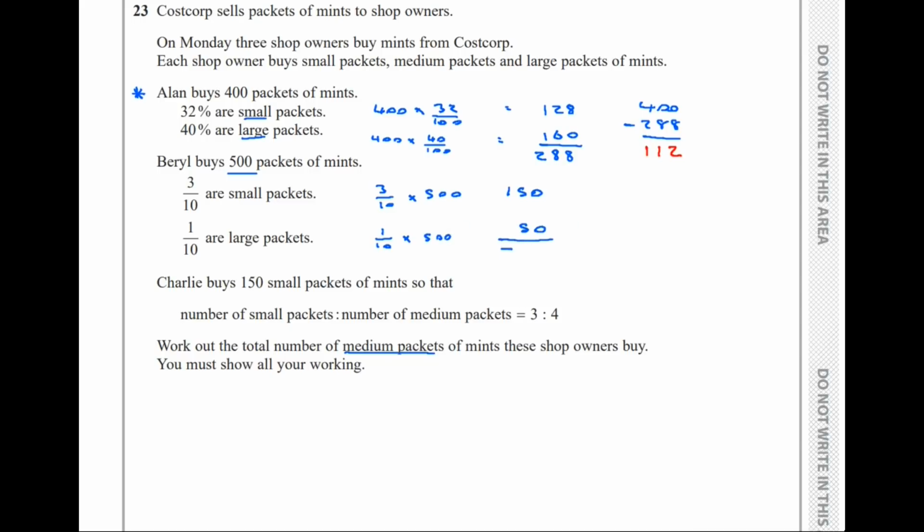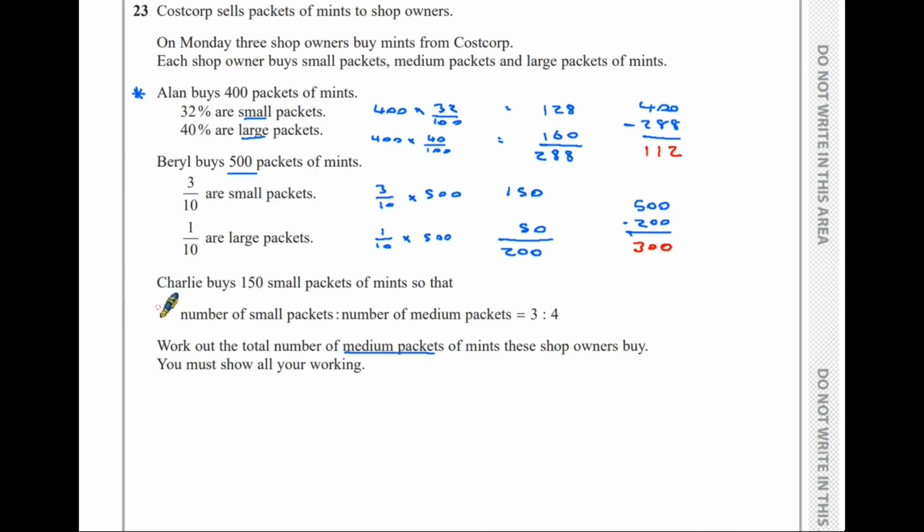Again, add them together is 200. That is the total number of small and large. We need the medium. She bought 500 altogether, so let's take away the total of the small and the large. That means she must have bought 300 medium.